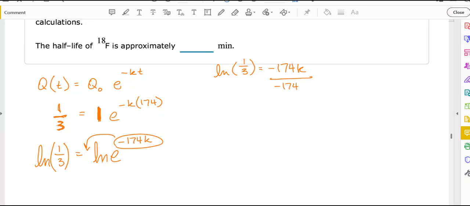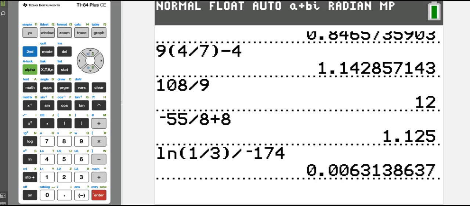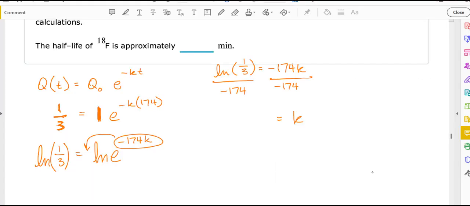My k, what is that number? Natural log 1/3 divided by negative 174. My k is 0.00631.